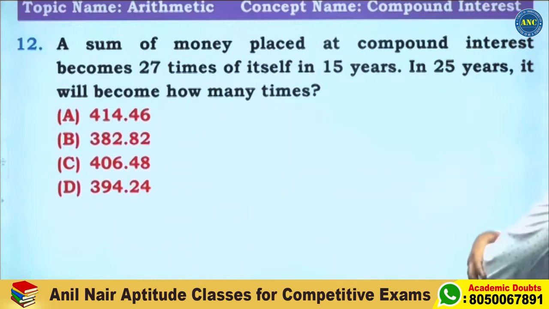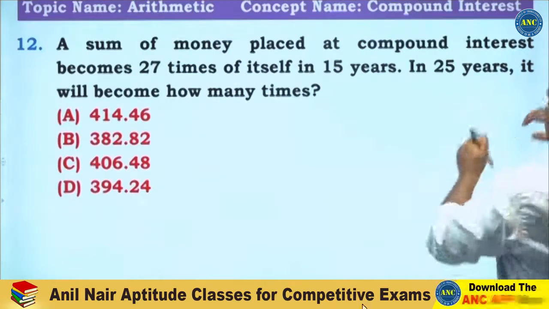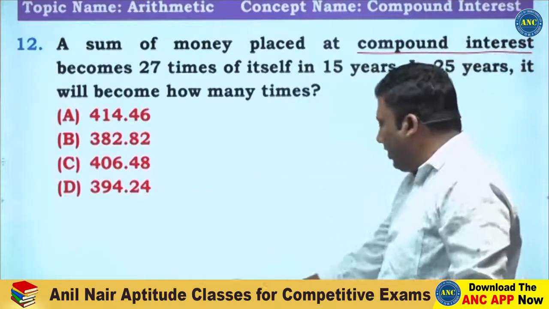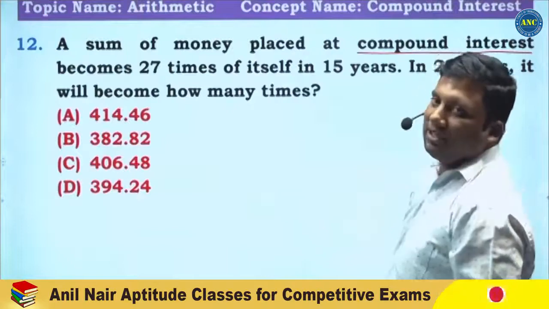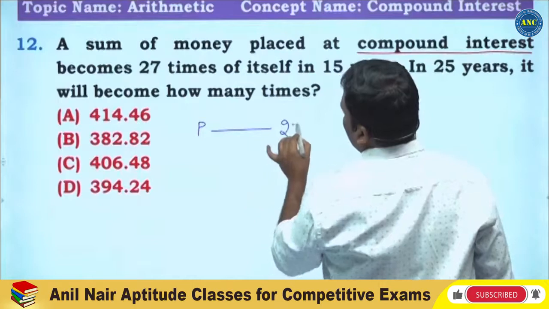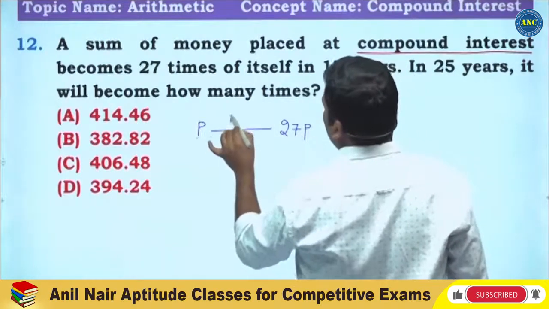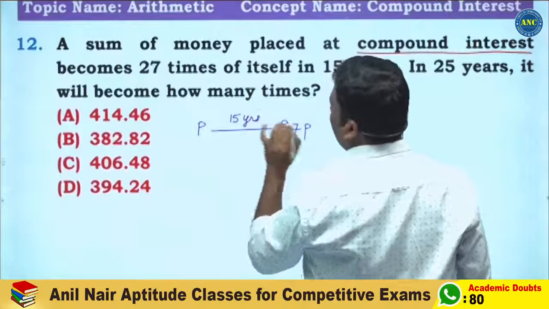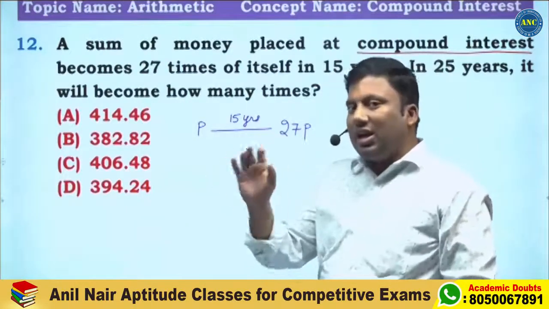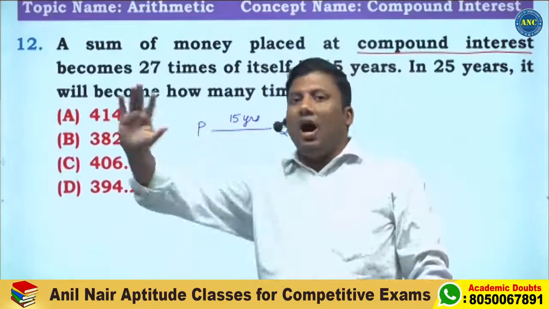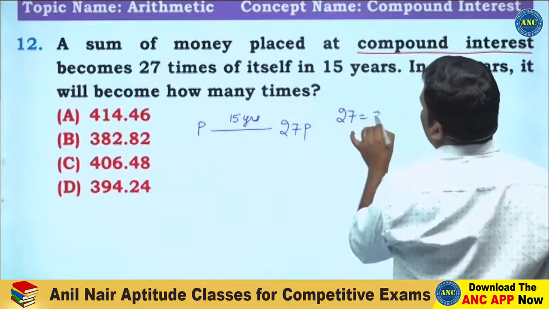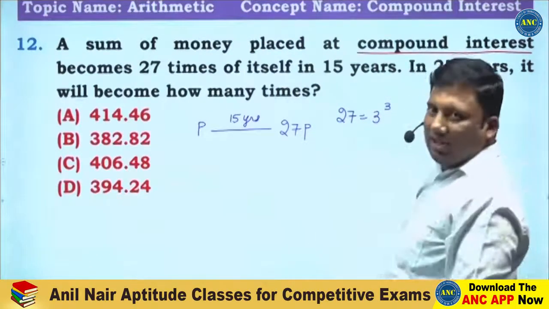A certain sum of money placed at compound interest becomes 27 times in 15 years. Check whether the amount is a square function or a cube function or a power function. 27 is 3 cube.